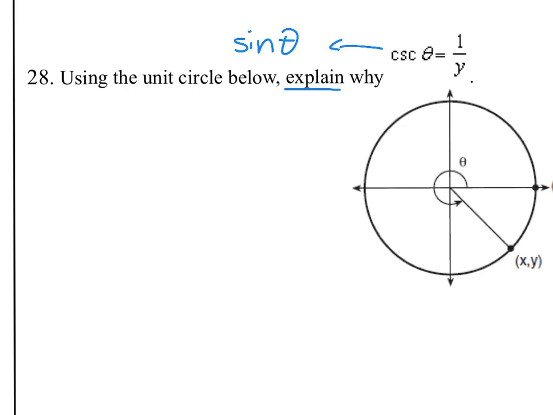And then I think to myself, oh, wait a minute. They gave me this ordered pair down here, and isn't sine the y value? Right? The x is the cosine value, and the sine corresponds with the y value. So I would probably start by saying, well, the sine of an angle equals its y value, right?